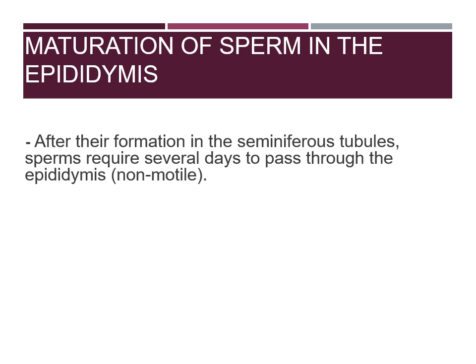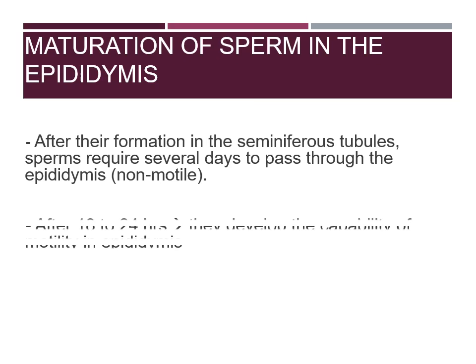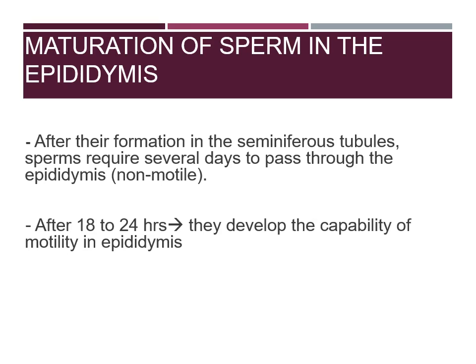After formation of the sperms in the seminiferous tubules, they have to pass through the epididymis, and at this point they are not capable of motility, but within about 2 days they develop the capability of motility in the epididymis. So now they become modified such that they are capable of motility.